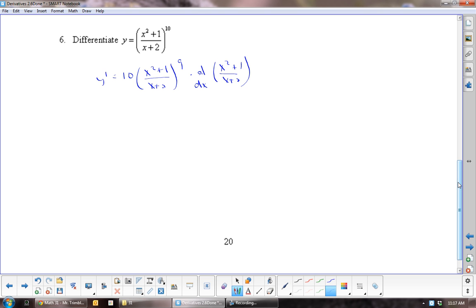Now again, many of you are going to skip that step and probably just do this and actually do the derivative. So we got low is, and this is all going to be in one big set of brackets.